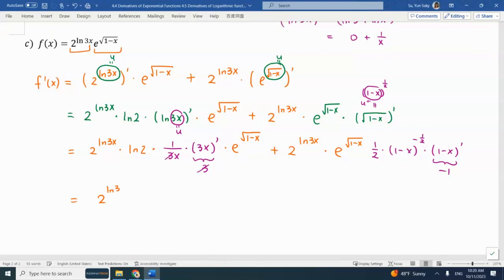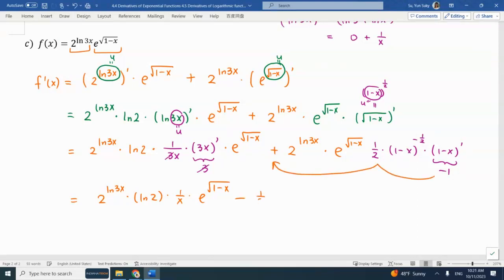Finally, let's rewrite it one more time. So 2 ln 3x, ln 2, and this is 1 over x, and this is e to the ln, e to the square root of 1 minus x. And then the minus, we can move it in front.